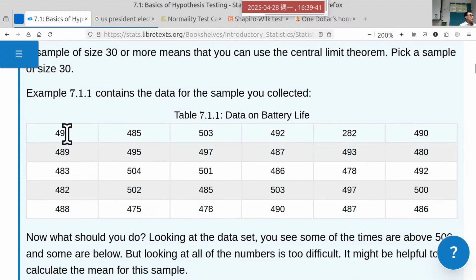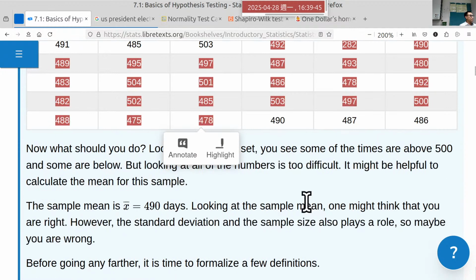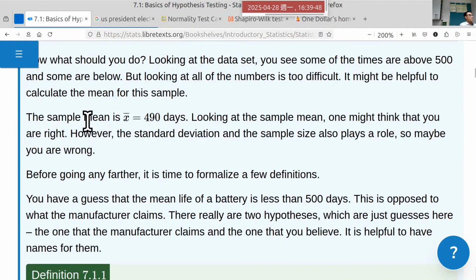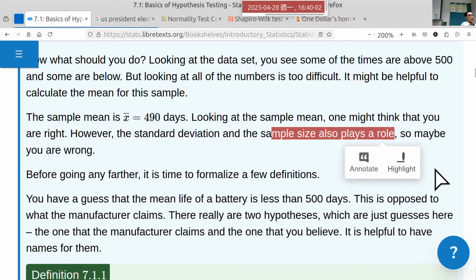After the test, the author got this information, and the sample mean is X bar equals 490 days. Looking at the sample mean, one might think that you are right. However, the standard deviation and the sample size also play a role. So maybe you are wrong.